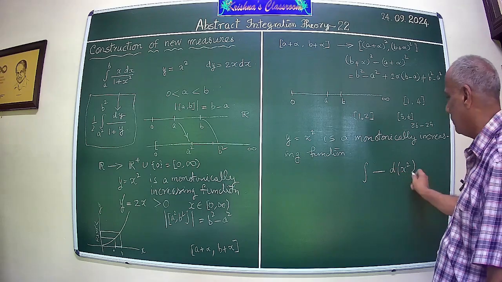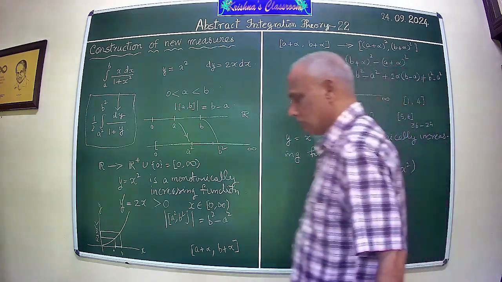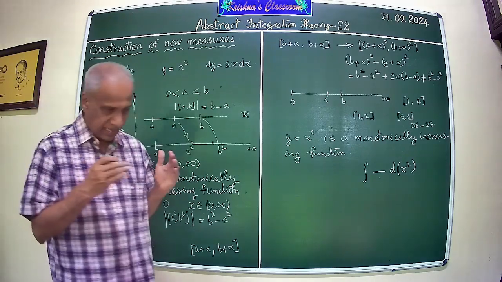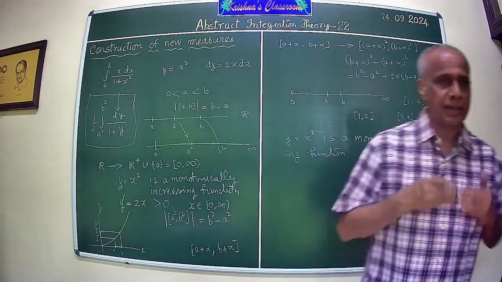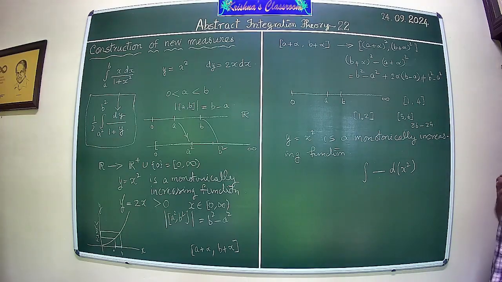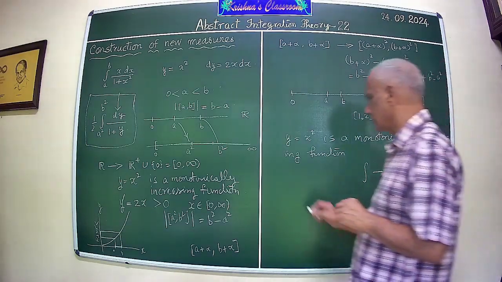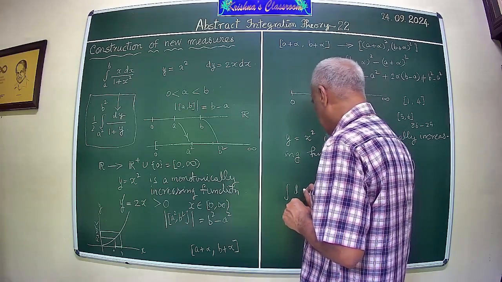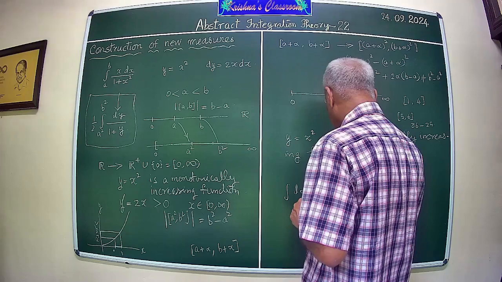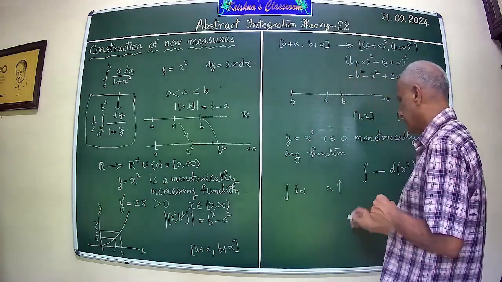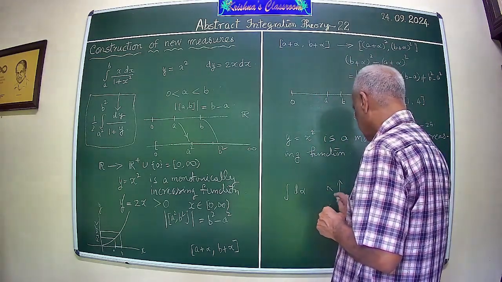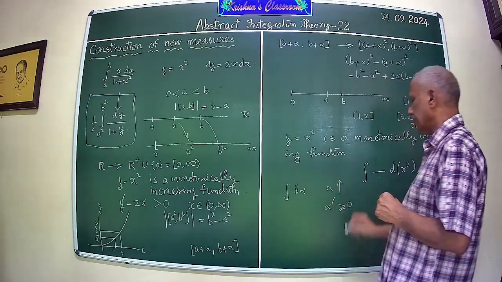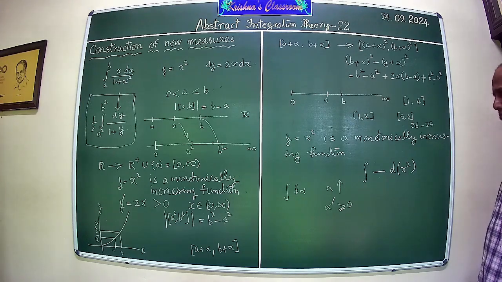And this is what is happening in the Riemann-Stieltjes integral. The Riemann-Stieltjes integral is a generalization of the Riemann integral, and the integral is of the form integral d alpha, where alpha is a monotonically increasing function, so that the derivative of alpha is positive or even greater than 1.